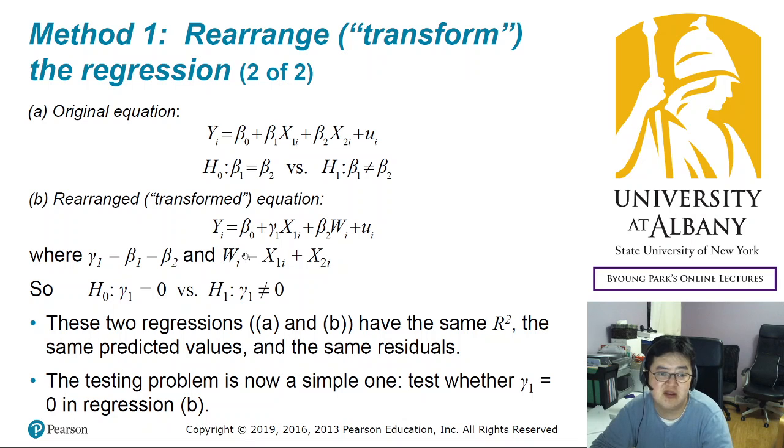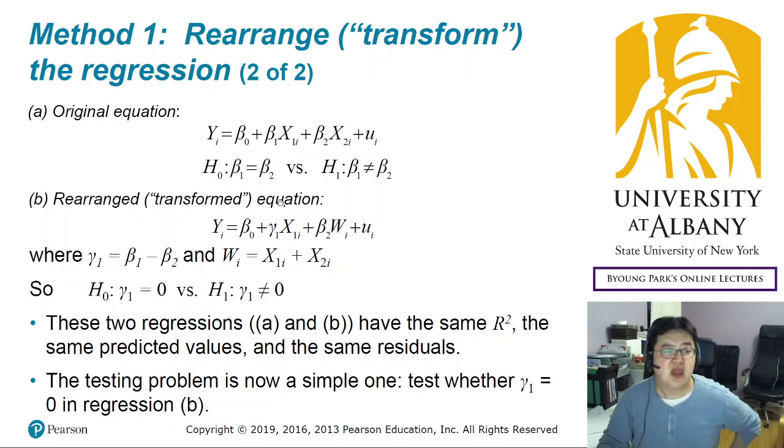You can define a new variable as x1 plus x2, then regress y onto a different pair of regressors. Then you obtain the estimate of gamma 1 and its standard error, and the t statistic and p-value are automatically calculated. So it will be very easy.